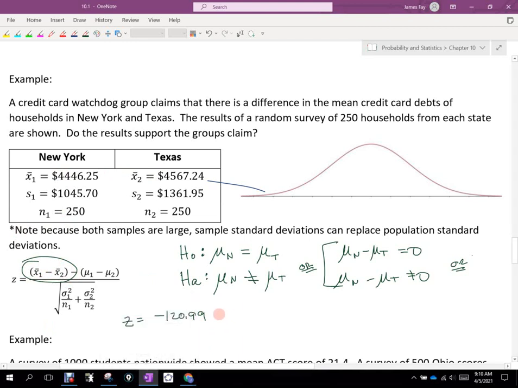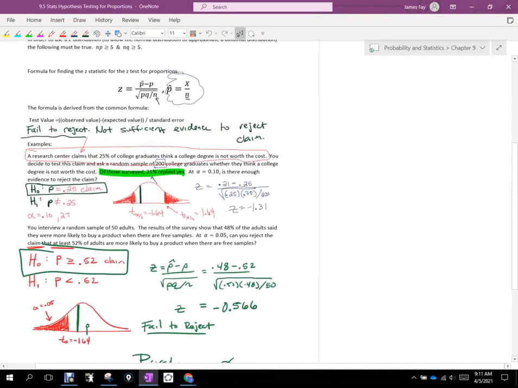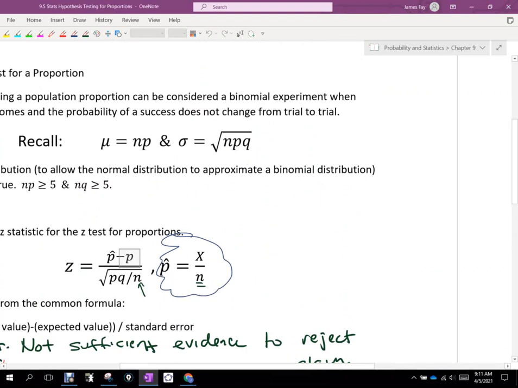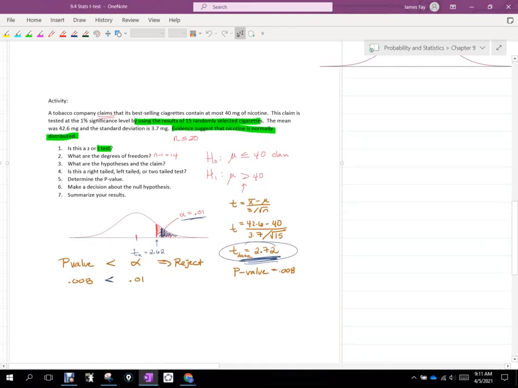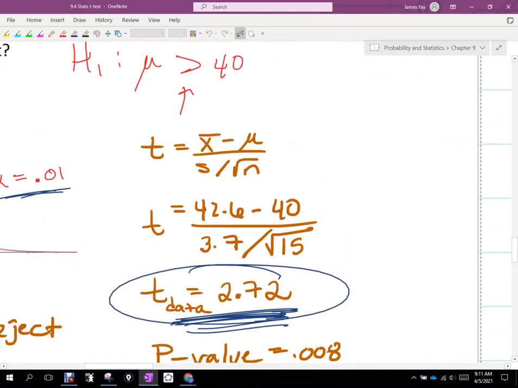Minus, now this is where it's important to understand where this value comes from, and previous examples, previous concepts have always helped us with this. Maybe this p-value, when we did proportions, that always came from the null hypothesis, didn't it? When we did it here and we found this mu value, look at this, mu is 40 in this case. If we compare those two things, where did that 40 come from?